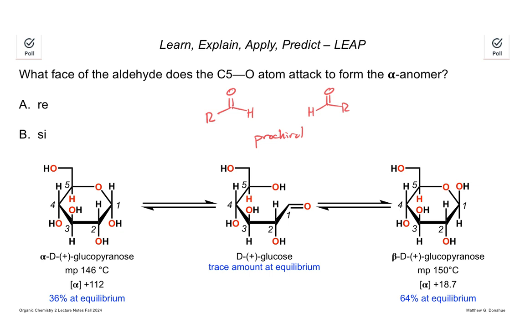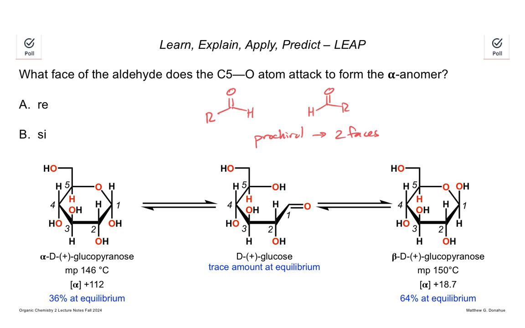And so what I've shown you here is the 2 different faces of the aldehyde. We use these terms Re and Si to determine which face we're looking at. And it's sort of determined in the same way as R or S. Of the carbon of interest, the sp2 hybridized carbon, you have 3 substituents, H, O, and then we'll just call R as carbon.